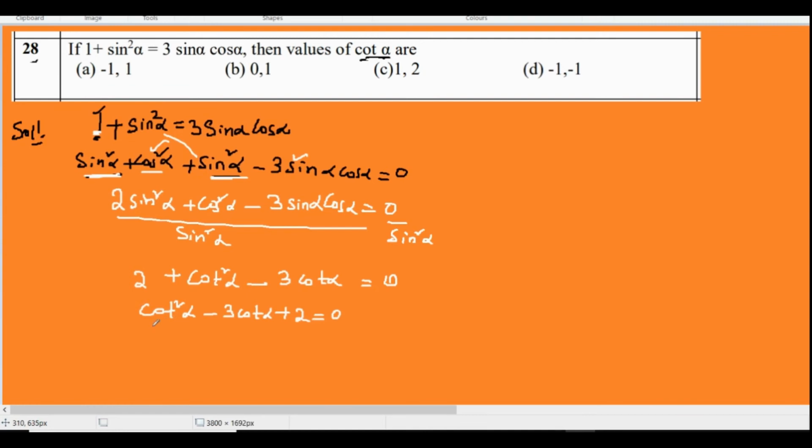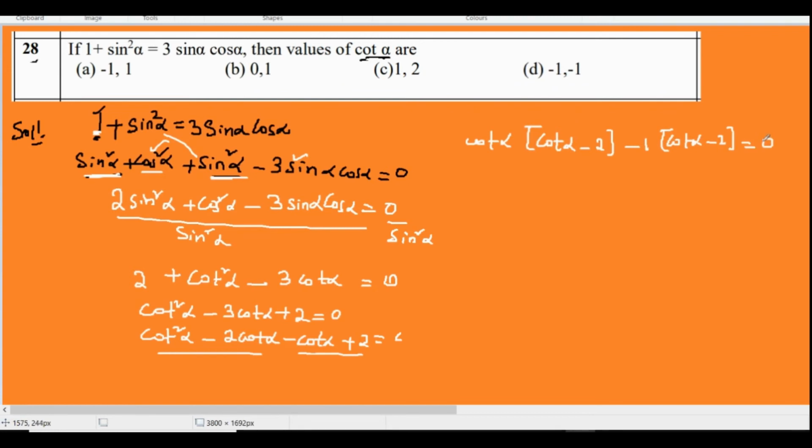Now we will do the factorization. Cot square alpha minus 3 cot alpha plus 2 can be written as cot square alpha minus 2 cot alpha minus cot alpha plus 2 is equal to 0. In the first two terms we'll take cot alpha as common, and in the second two terms 1 as common. Taking cot alpha common, it will become cot alpha minus 2, and taking minus 1 common, cot alpha minus 2, and the other side will be 0.